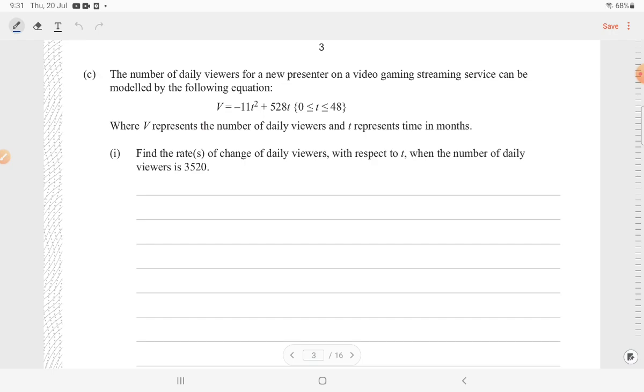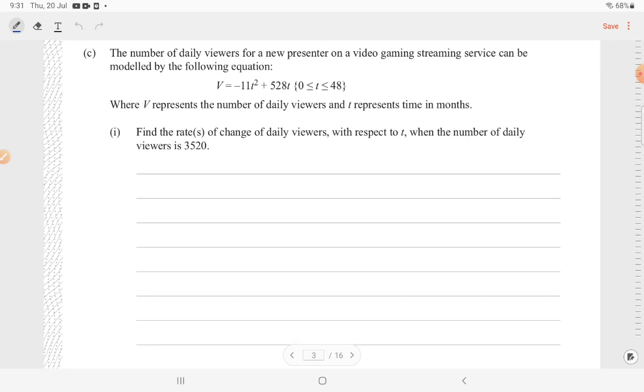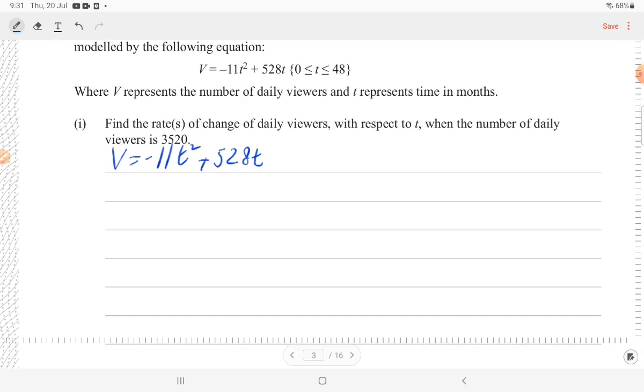So, with respect to t, when the number of daily viewers is 3,520, V is equal to -11t squared plus 528t. We want to figure out what value of t gives us 3,520 viewers.